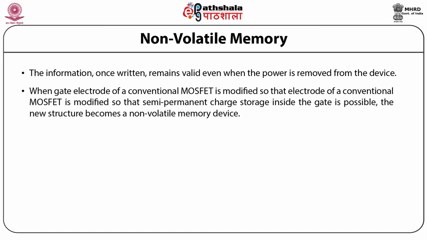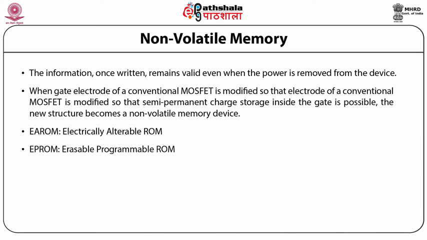So when the gate electrode of a conventional MOSFET is modified so that permanent charge storage inside the gate is possible, the new structure becomes a non-volatile memory device. And this includes the EAROM, that is electrically alterable ROM, EPROM, erasable programmable ROM, NVRAM, non-volatile RAM.